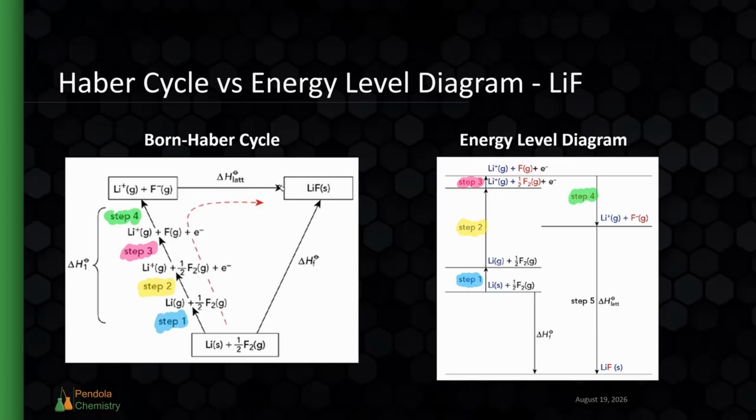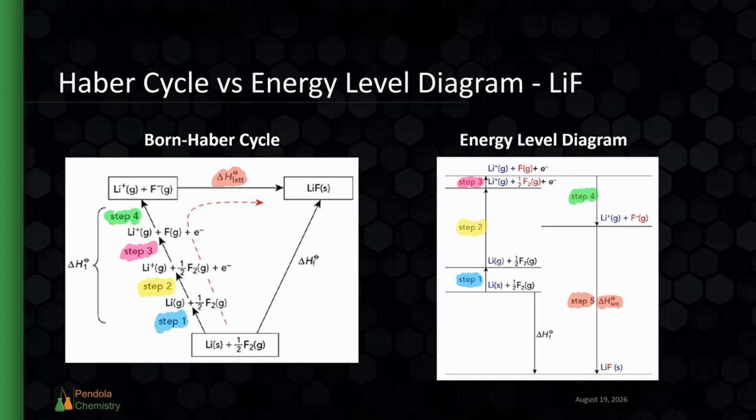Once we get up here, we have the enthalpy change, or lattice energy, or whatever you want to call it. We're going from the ions in the gas state to the solid ionic compound. Same thing right here. We have step number 5, which is what we call it here, but it's still the lattice energy. Notice, we have it on both sides. This one points down because it's exothermic. This one points to the right because the Hess cycle for lattice energy has the lattice energy at the top, because that's what we're looking at.